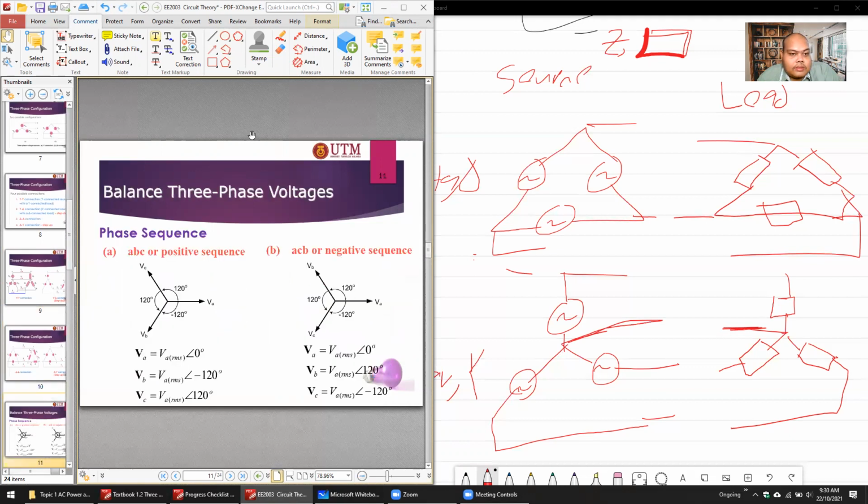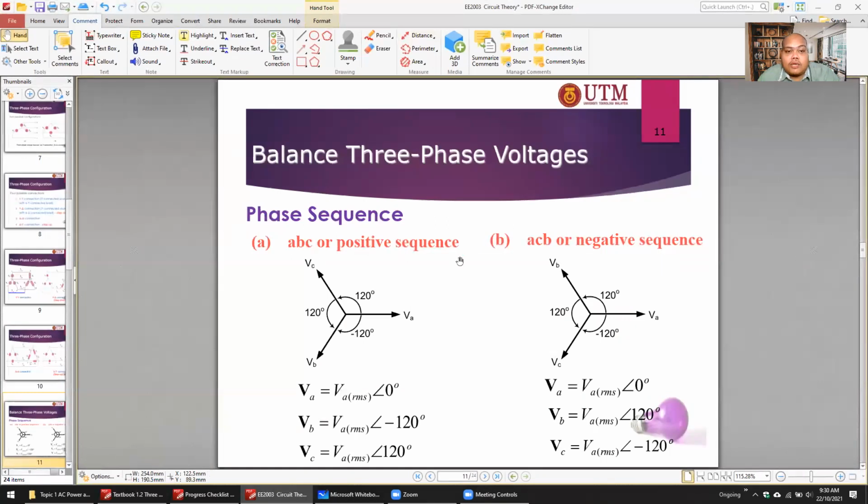Another important thing that you need to know is phase sequence. Make sure you know how to differentiate phase sequence. You can either have positive sequence, or ABC sequence, or another name they use is RYB, red, yellow, blue.